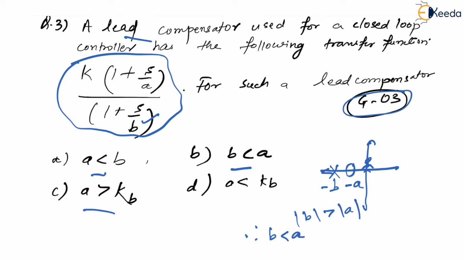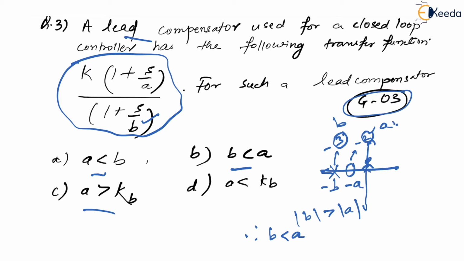I will tell you, don't get scared. For example, assume that the zero is at minus 2 and the pole is at minus 3. Now this 3 is your B, and this 2 is your A. Now is A less than B?